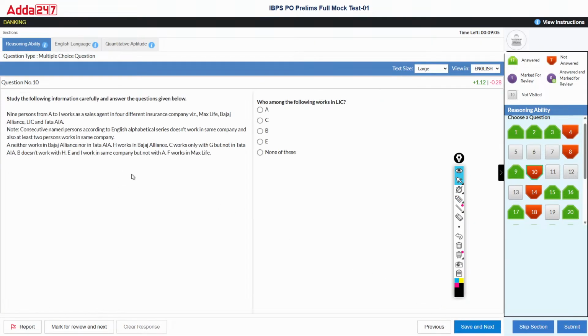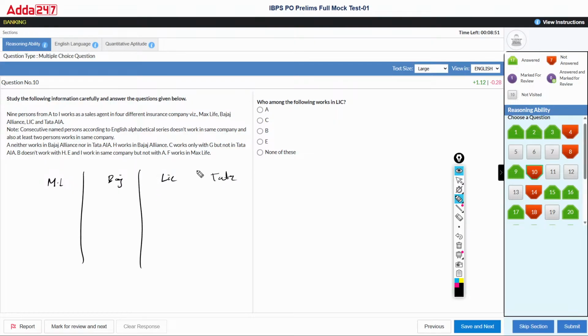9% different company, right? Let's do it. So Max Life, Bajaj, LIC, the 4 company, and Tata. Okay. F works in Max Life.